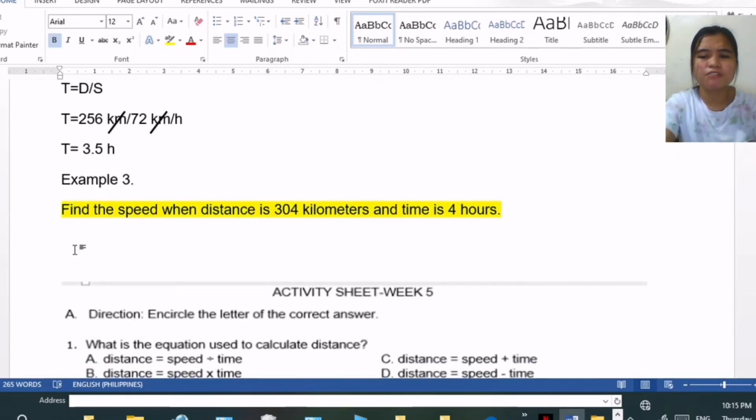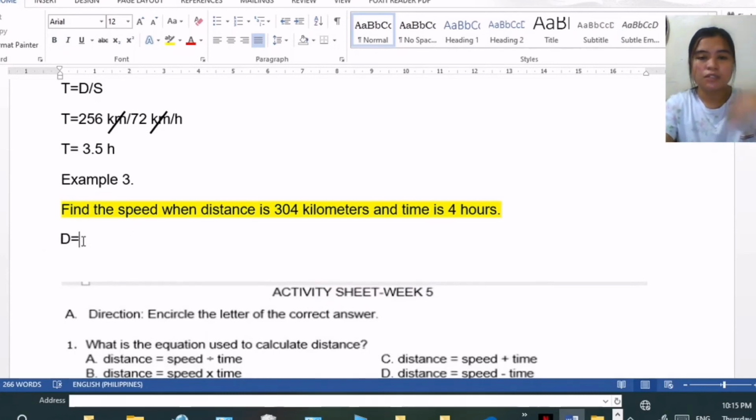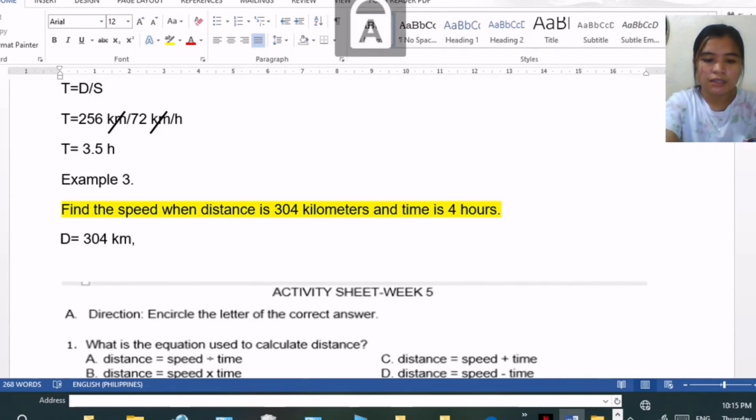But first, we write the given: the distance is 304 kilometers, the time is 4 hours, and we are solving for the speed.